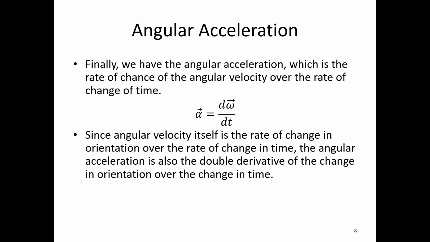Since angular velocity itself is the rate of change in orientation over time, the angular acceleration is also the double derivative of the orientation with respect to time. So d omega dt is d squared theta dt squared.